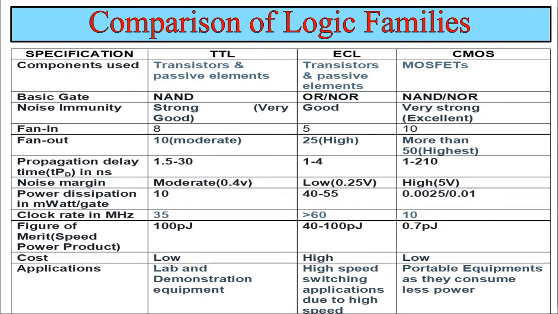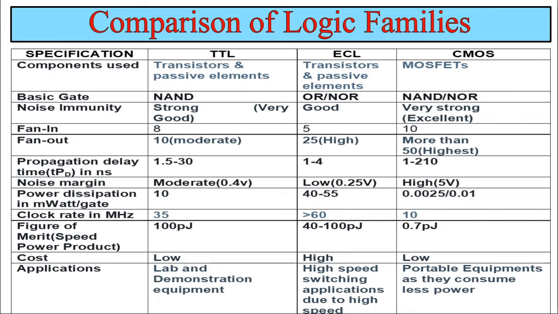Then propagation delay time in nanosecond. In case of TTL it is 1.5 to 30 nanosecond. In ECL 1 to 4 nanosecond, and in case of CMOS 1 to 210 nanosecond.